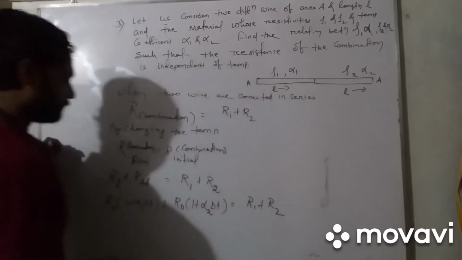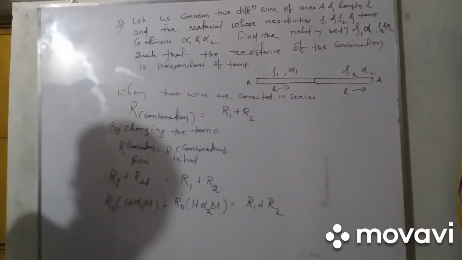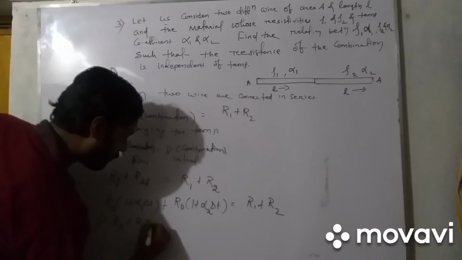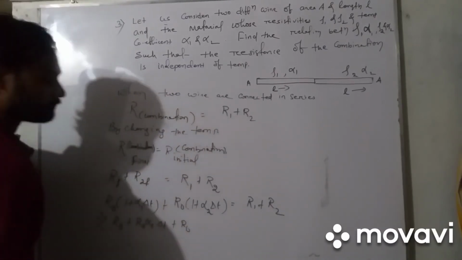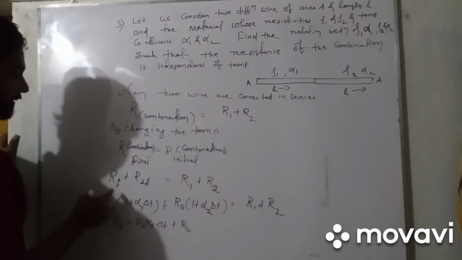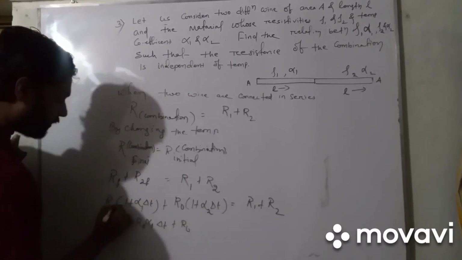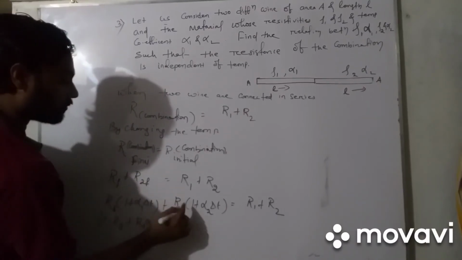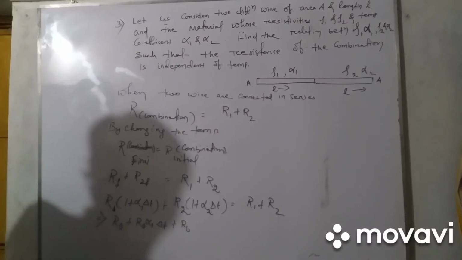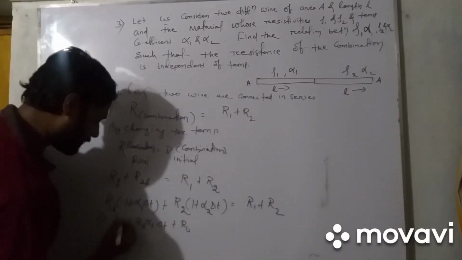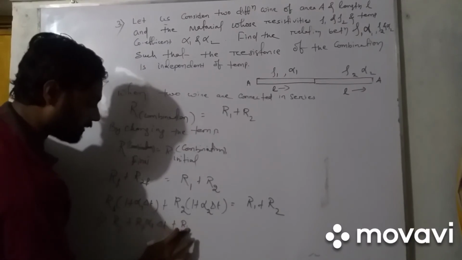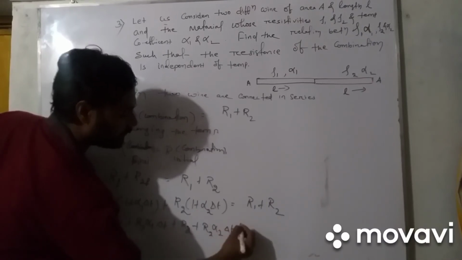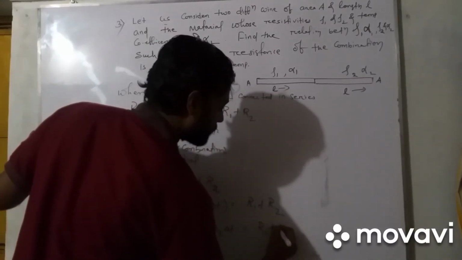So we can write R1 plus R1 alpha 1 delta plus R2 plus R2 alpha 2 delta, which is equal to R1 plus R2.